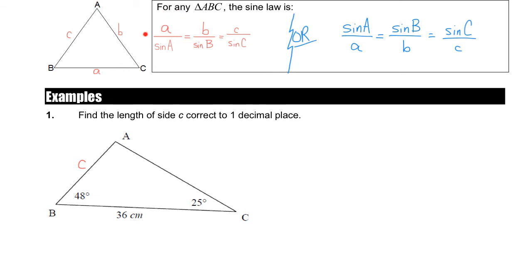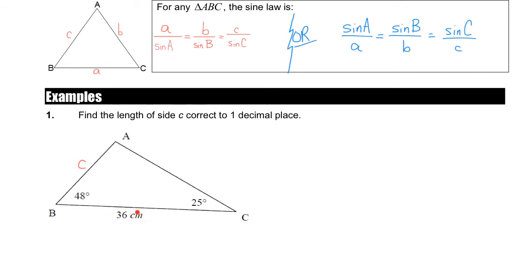Now, if you look at the sine law, the way it's written, you need to have a complete pair, a complete set of a side and its angle in order to solve. So here I want side c. I have its opposite angle. It's 25 degrees. But in order to solve for side c, I need to match it up with an equivalent ratio. Here I have a side length.